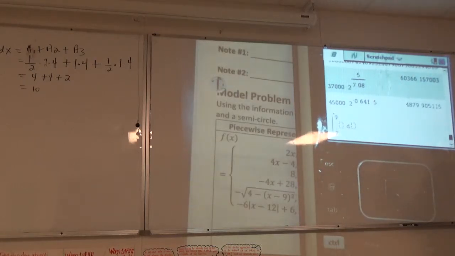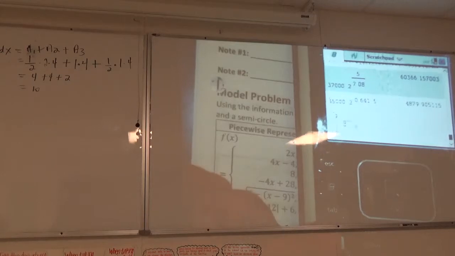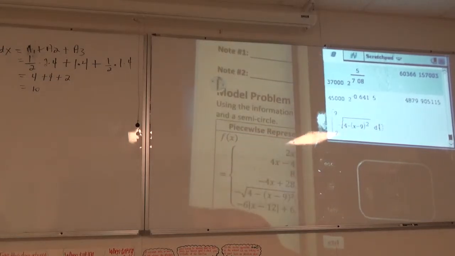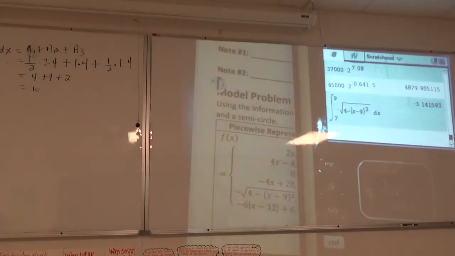Anthony, what was that function? Negative square root of 4 minus, parentheses, x minus 9 squared. Fill in all the boxes, dx. And you should get negative 3.14159.